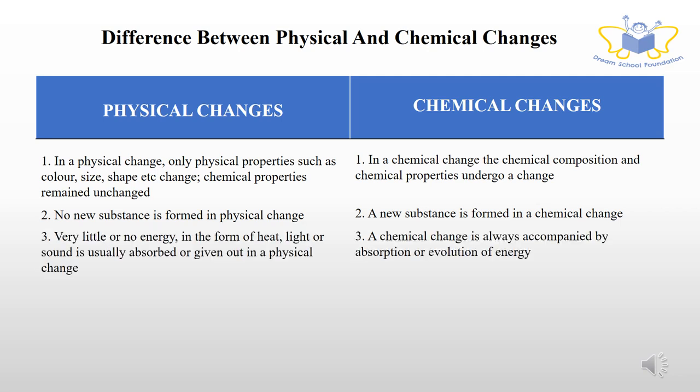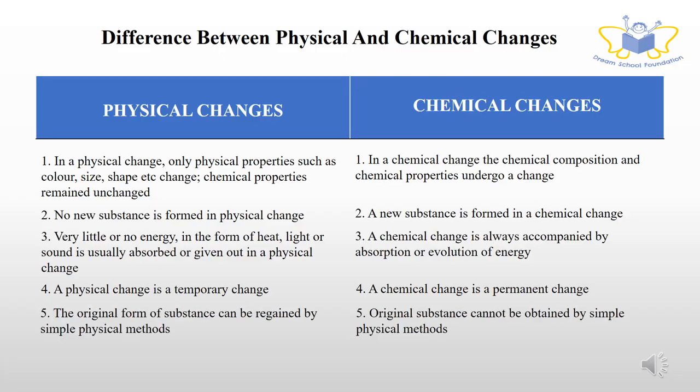Third, very little or no energy in the form of heat, light, or sound is usually absorbed or given out in a physical change, whereas a chemical change is always accompanied by absorption or evolution of energy. Fourth, a physical change is a temporary change, and chemical change is a permanent change.